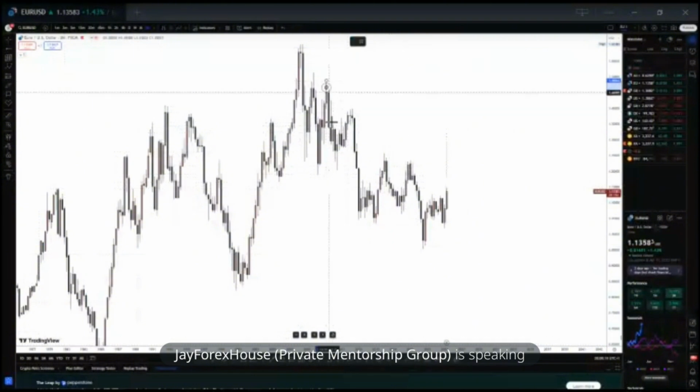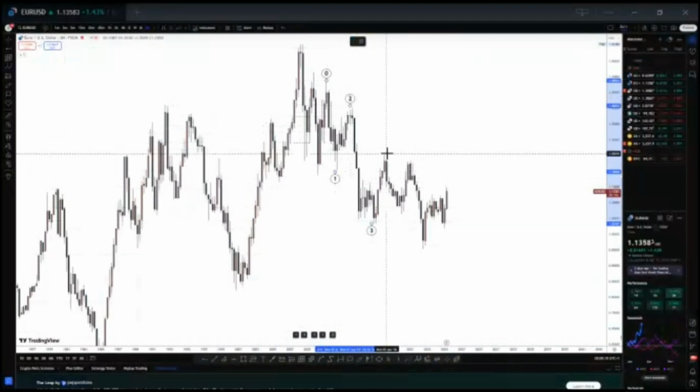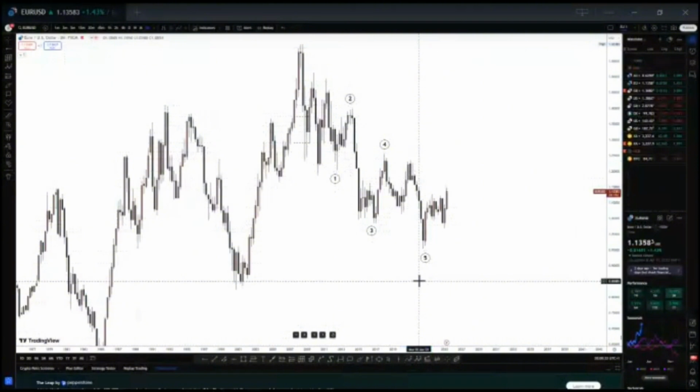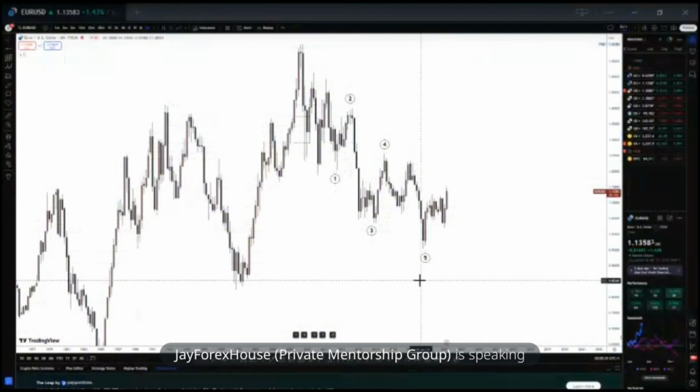So if we're looking at a bearish trend, then the trend has to be impulsive. Okay, so let's say something like this, and then this would be the territory of wave 1.